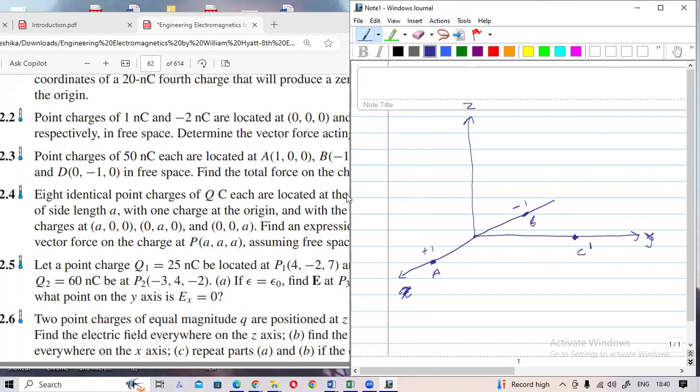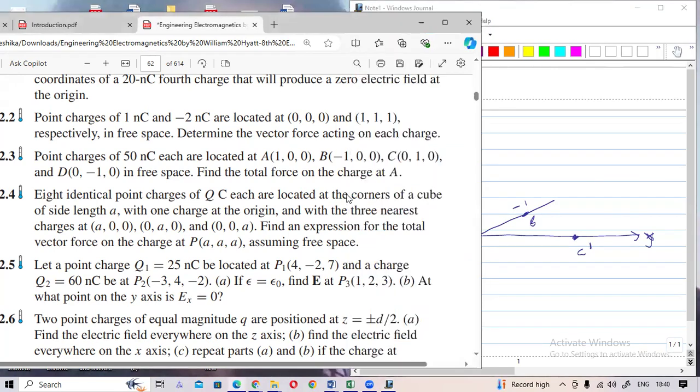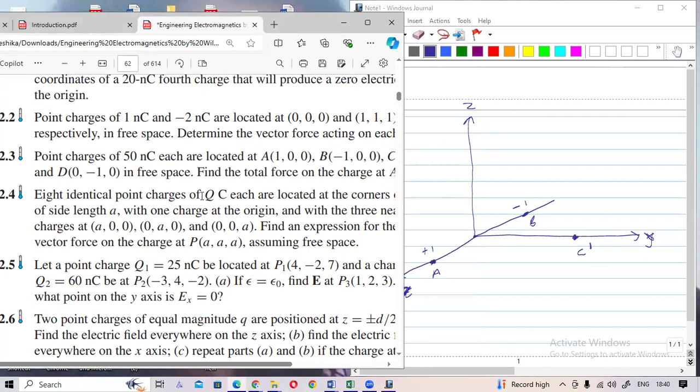And you have a 50 nanocoulomb charge at every location.